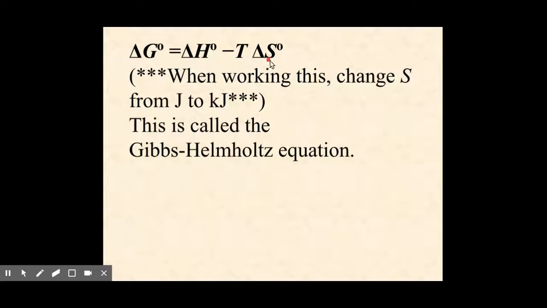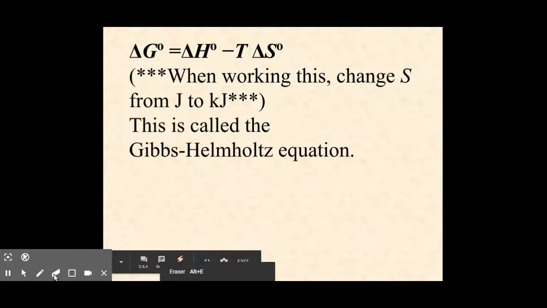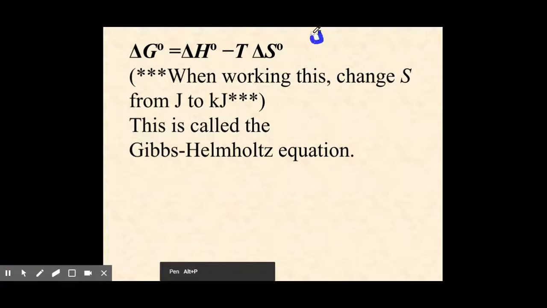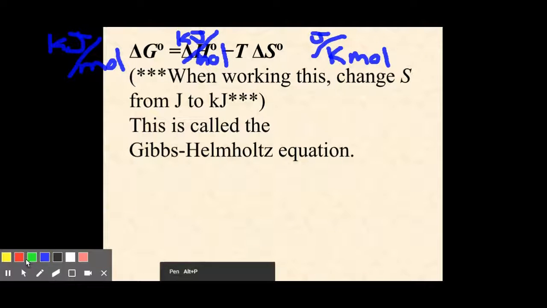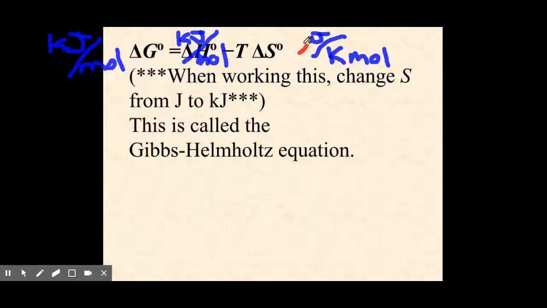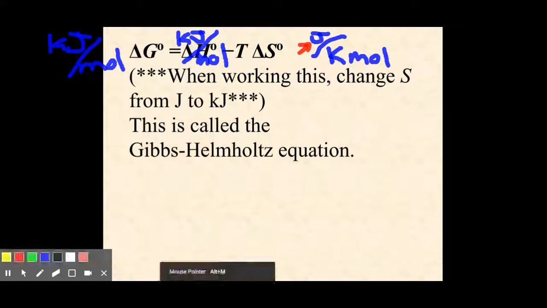Now remember, your units here were joules per Kelvin mole, J divided by K mol, and my units here were kilojoules per mole. You remember that from the previous chapter. So you're going to run into some problems if you don't remember to convert joules to kilojoules.